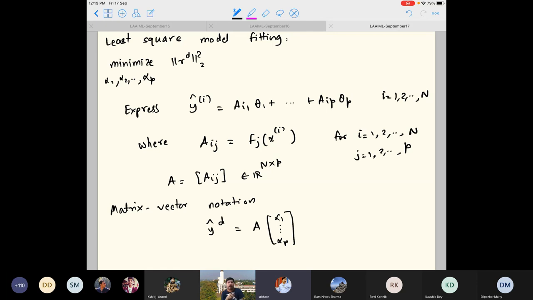And now what do I want? I want to find this alpha 1, alpha 2, alpha p such that this vector, which is nothing but y hat d, is as close to yd as possible, right? So this is what I really want.